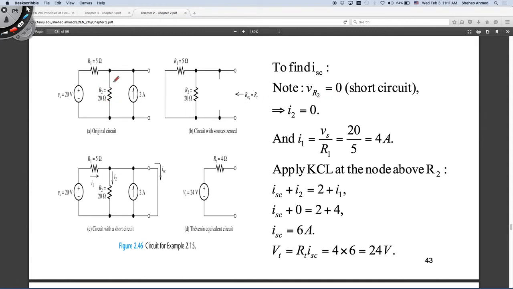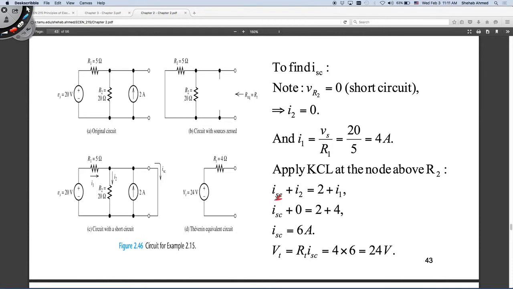There's no current flowing through it, so the voltage across it is 0, right? So VR2 is 0, and we're still finding the Thevenin equivalent voltage. Anyway, we were applying Kirchhoff current law, right?